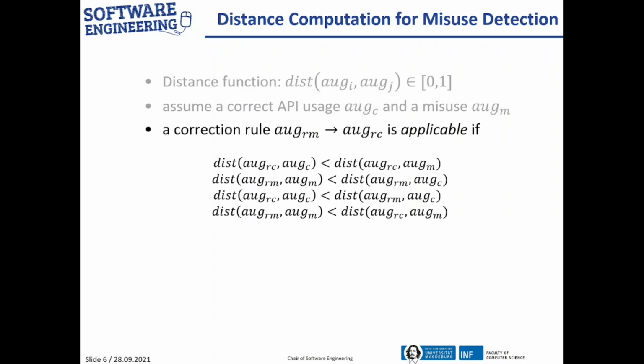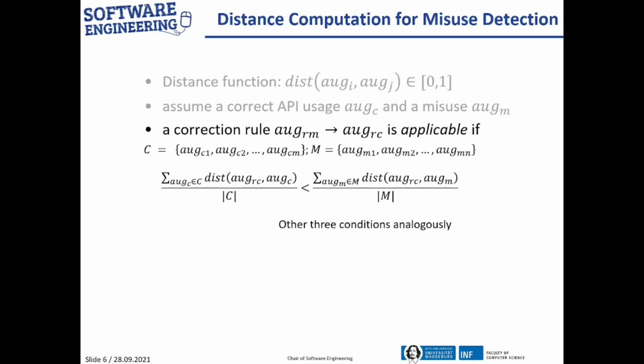And basically this says when we compare the correct part of the rule, AUG RC, to the correct AUG C, or vice versa, the misuse part of the rule, AUG RM, to AUG M, then those distance values are always smaller than when we compare something that is a correct and a misuse, or a misuse and a correct AUG.